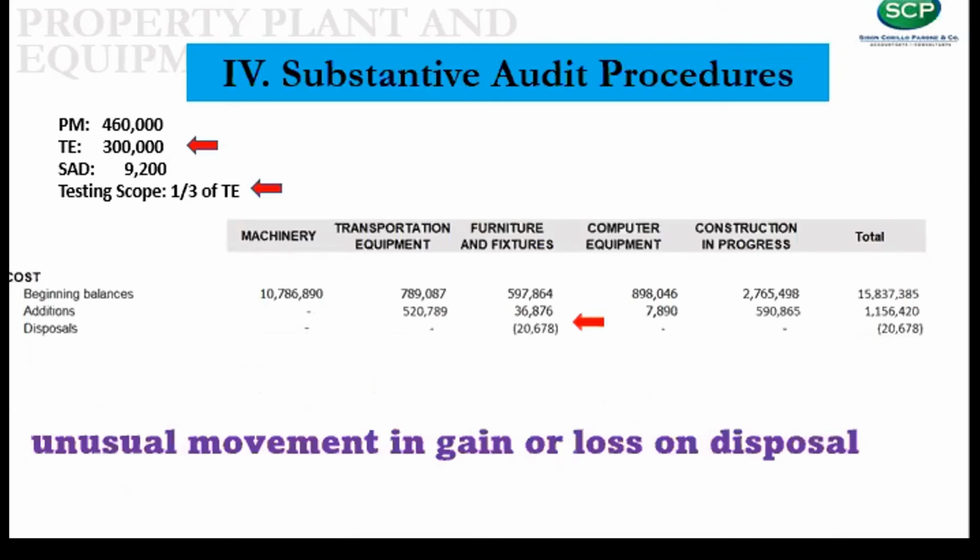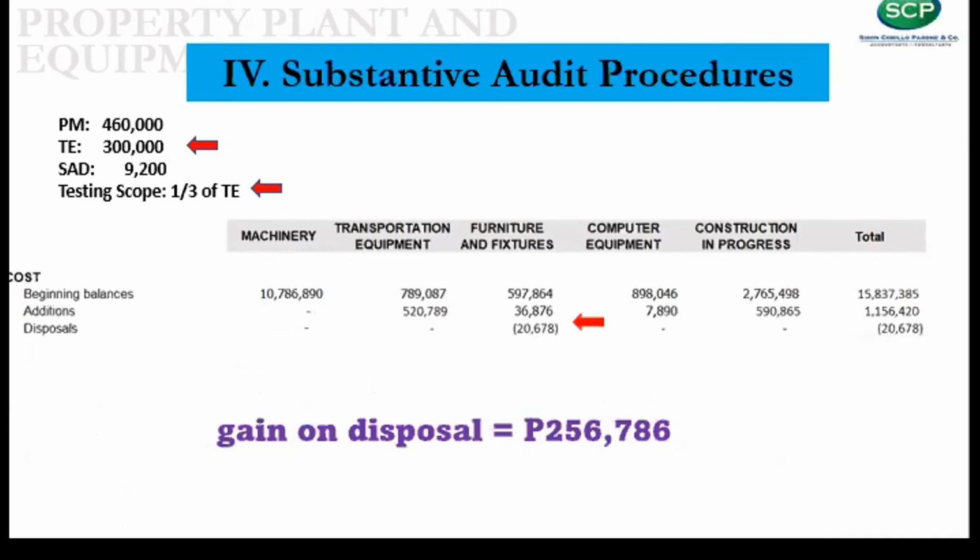Let's say the company recorded a gain on disposal of fixed assets amounting to 256,786 pesos. Although this gain on disposal is below the TE amount of 300,000 pesos, we should still consider verifying this amount, since it is unusual for a fully depreciated asset with an original cost of only 20,678 pesos to be sold for a gain of 256,786 pesos.